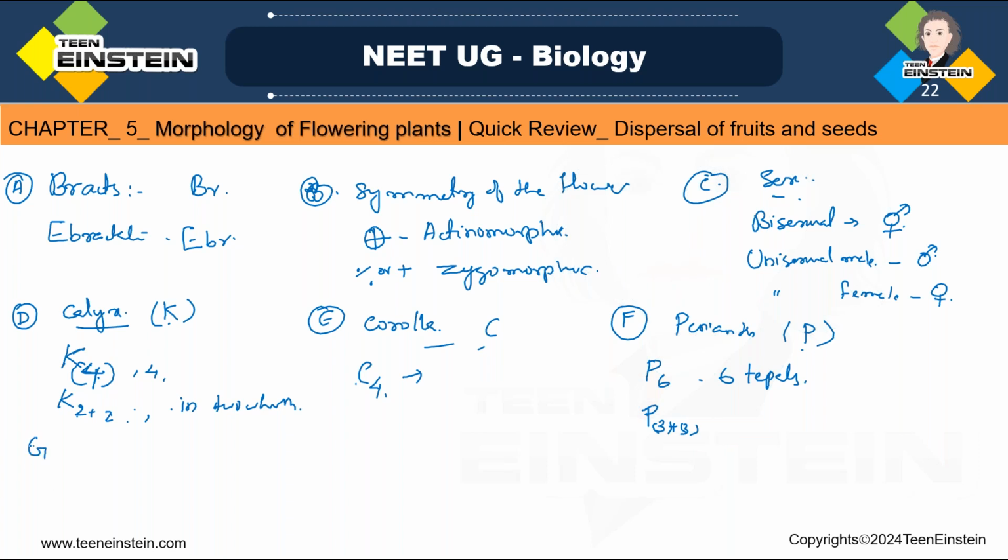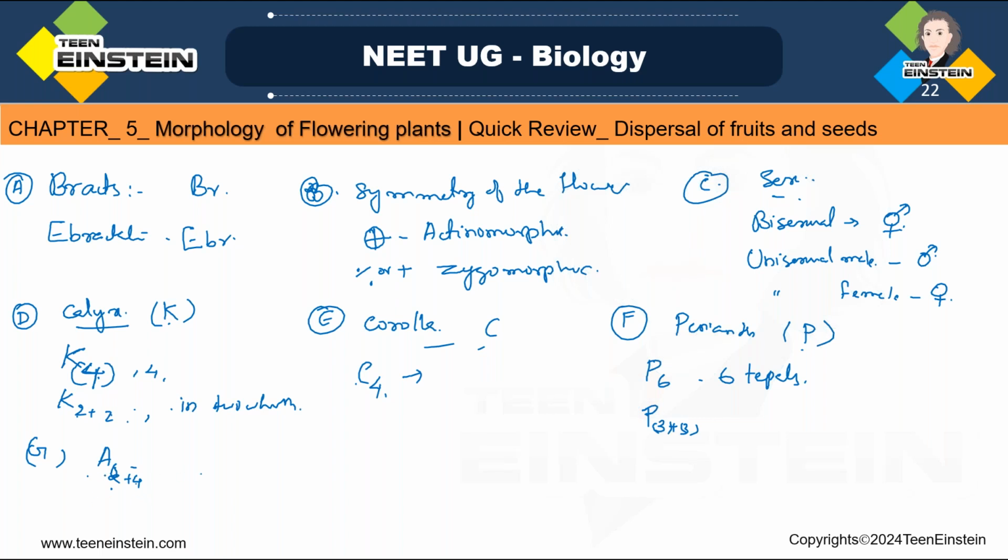Next, androecium. Androecium will be mentioned by letter A, and we can represent it here. If I'm writing A6, it means 6 stamens are there and stamens are free. If I'm writing A2 plus 4, it is representing 6 stamens, in one whorl 2 stamens, and another bundle is having 4.